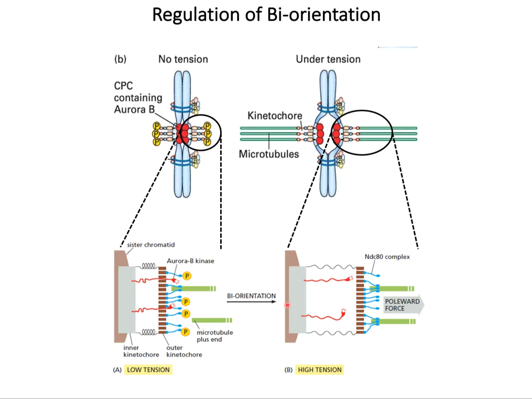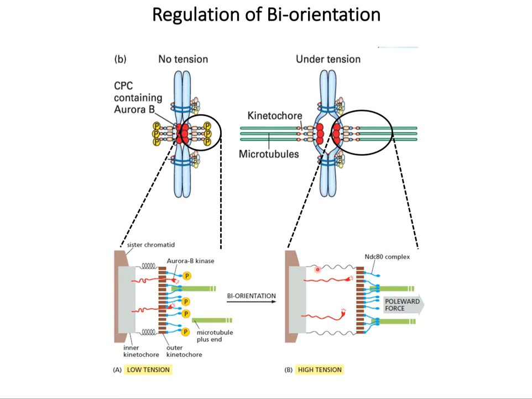That causes the association of the NDC80 complex with the kinetochore proteins to become very, very strong. It stabilizes the chromosome and it creates a tension. It is a very stable structure. And that is really how the cell makes sure that the chromosomes are bioriented in metaphase, because if they have another kind of orientation, bound only to one microtubule or bound to microtubules from the same side of the mitotic apparatus, you are going to have the phosphorylated proteins in the kinetochore, and you are going to have a very weak association with the microtubules.